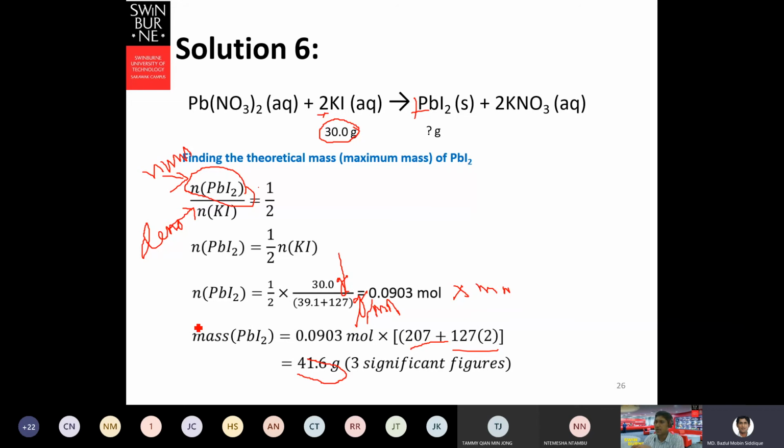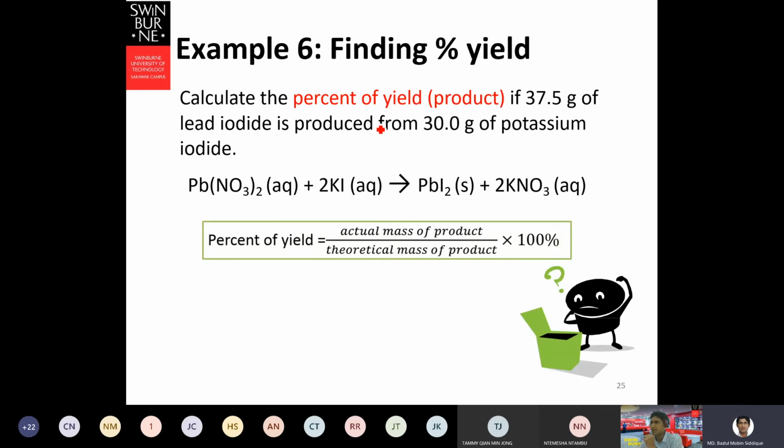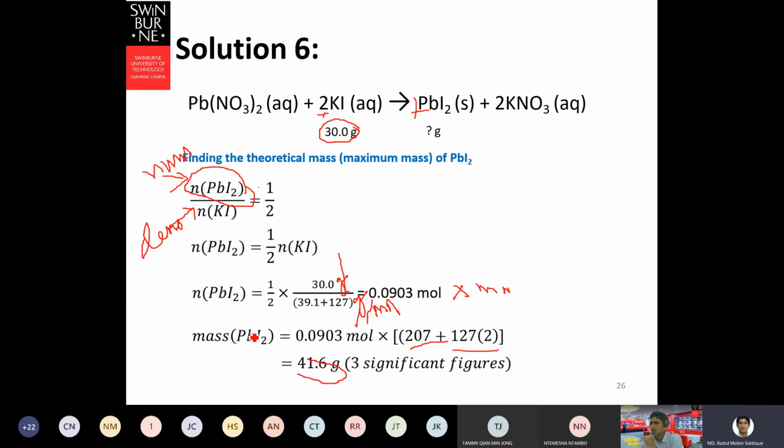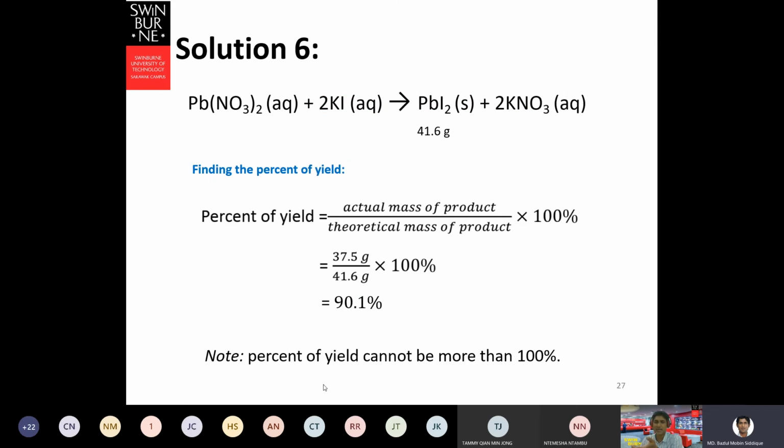But from the problem we see that 37.5 grams of lead iodide was produced, so it is not 41.6. So what is the percent yield? How much percent actually converted with respect to that theoretical mass?